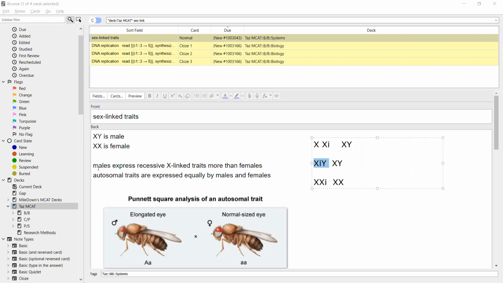That is why males express recessive X-linked traits more than females, whereas autosomal traits are expressed equally by males and females. Why? Because we don't have this Y chromosome factor with autosomal traits. An autosomal trait would be something like Aa and Aa.